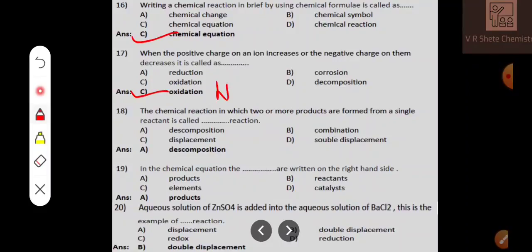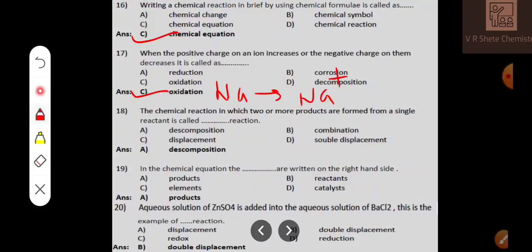When you write sodium converted into sodium plus 1, the positive charge increases by plus 1 unit. It's an oxidation type of reaction. The chemical reaction in which two or more products are formed from a single reactant is called a decomposition reaction. It means a single reactant can form two or more types of products.